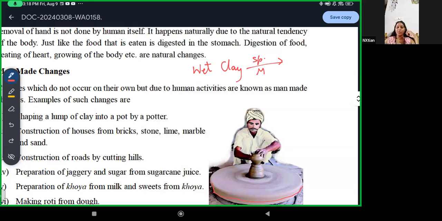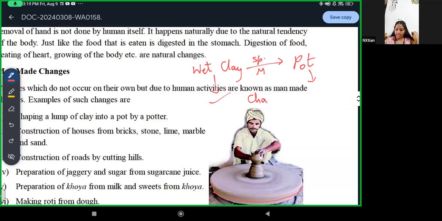So when they take the wet clay and then they shape it with their hands on the spinning machine, a pot is made, or a vessel is made. So this is a change taking place, from here to here.